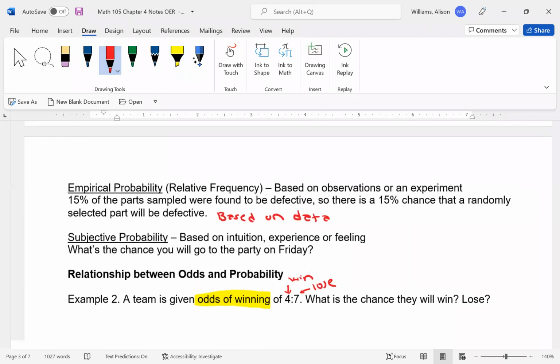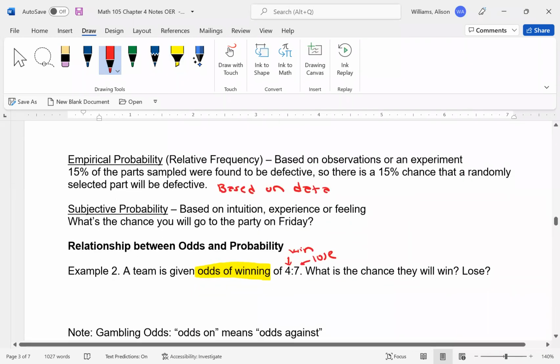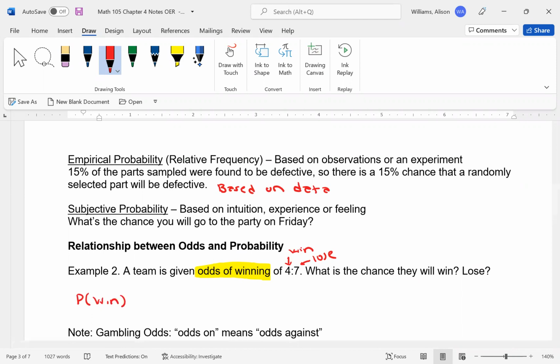I'm going to zoom in a bit here. So what is the chance that they're going to win? That's the probability that they're going to win. But that isn't 4 out of 7. It means that there's the chance for 4 winning or 7 losing. So when we do odds, we actually total those.